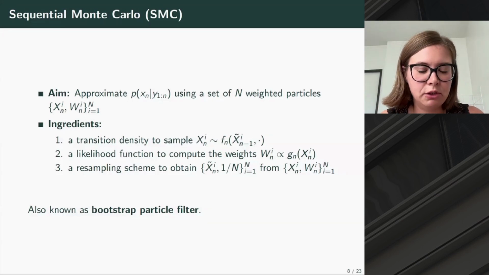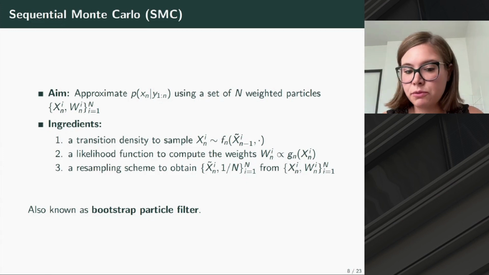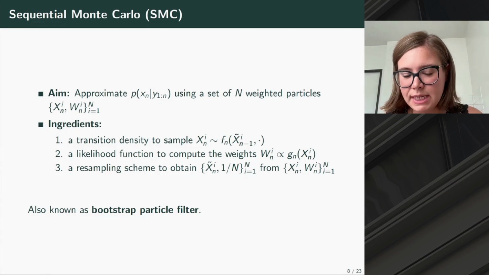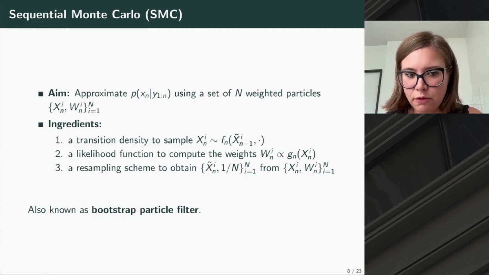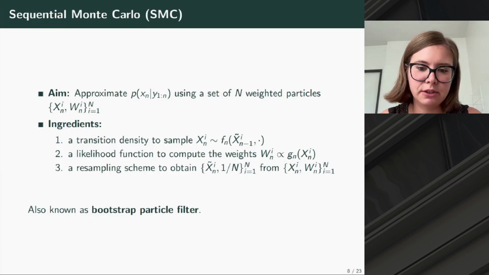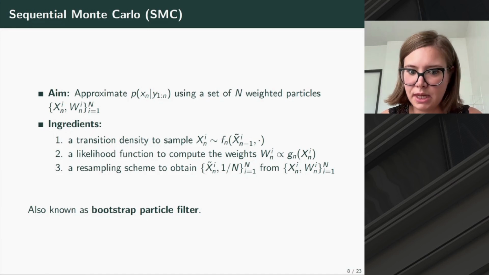What I represented here is what is normally referred to as the bootstrap particle filter. There are more sophisticated particle filters, but the key ingredients that appear in all of them are these ones. We're going to need some transition density to sample from, a way to compute the weights, and a resampling scheme. These are the three constant steps that we see in all SMC algorithms.